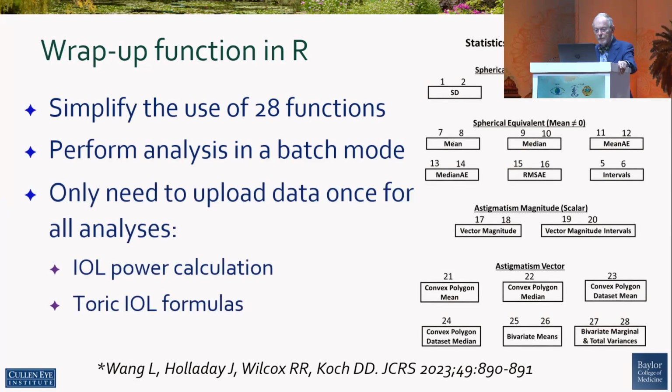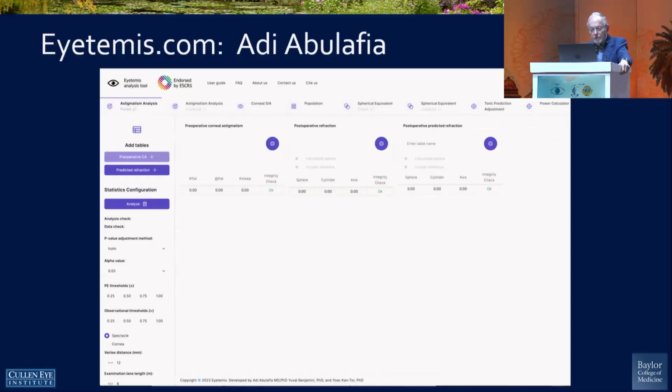You can read about that in JCRS. We also now have access to this wonderful website from Adi Abulafia called ITEMUS, which also incorporates the concepts of the data not being normally distributed, and it's very user-friendly and a great option.